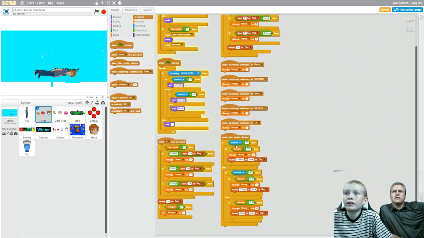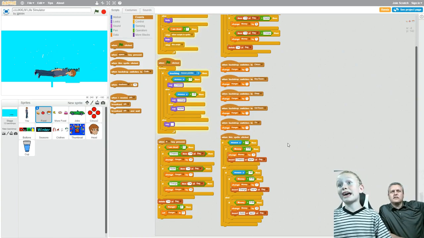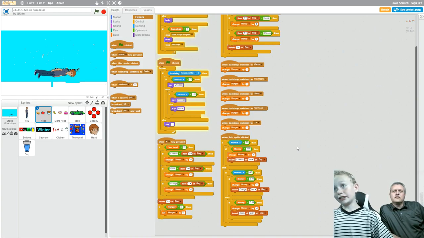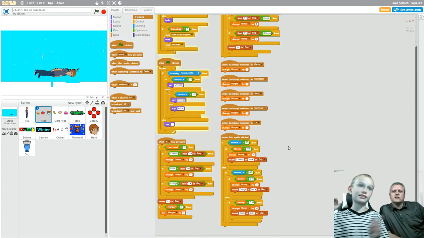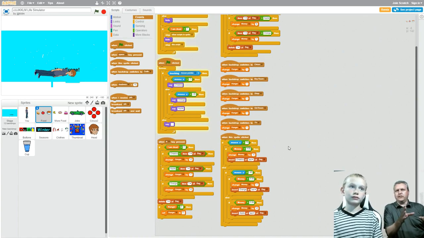Then you access the mouse X for however many buttons you have minus 1, and you say if it's more than this and less than this, then you can do this. So you have a clickable region for a single sprite. Is that kind of the idea? Yes.